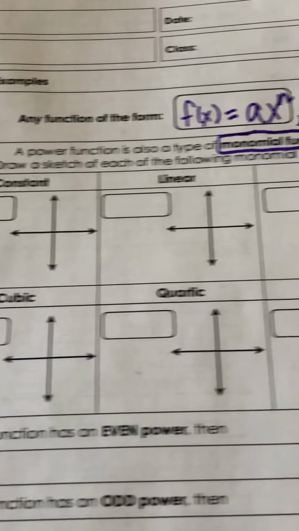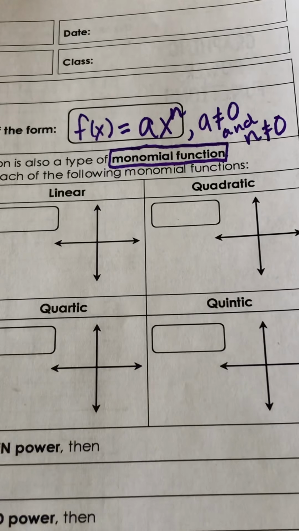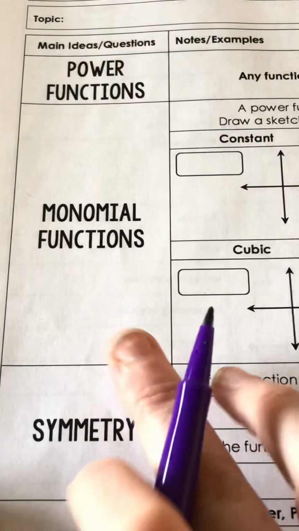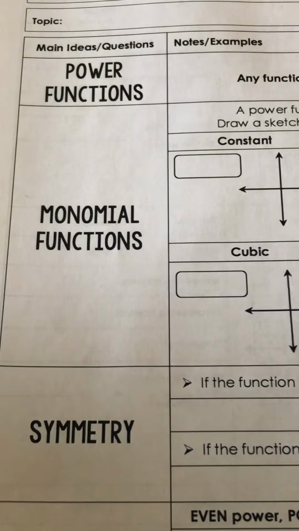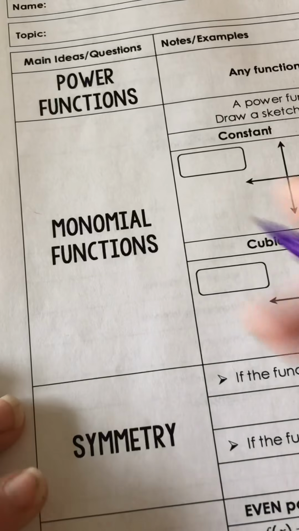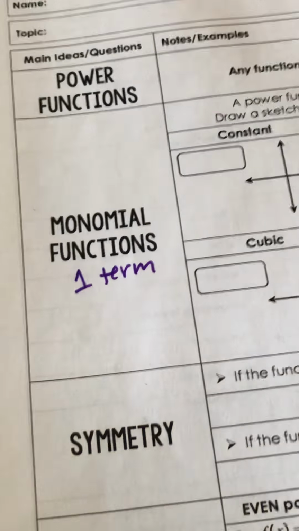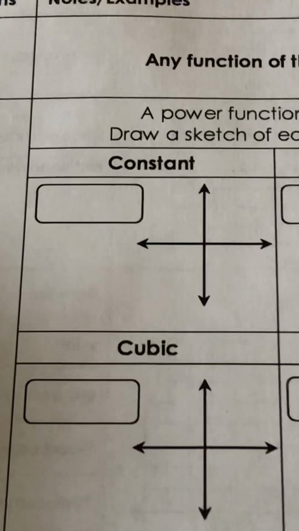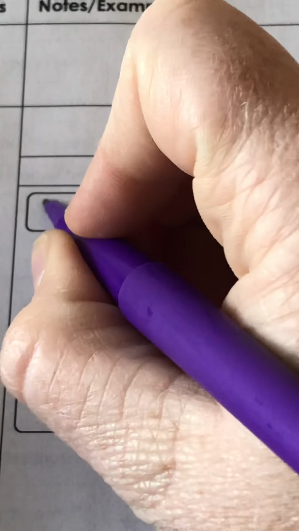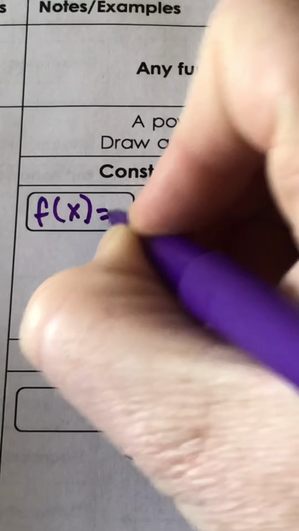Okay? Draw a sketch of each of the following monomial functions. All right, and this is kind of like the same idea as a parent function. We're just drawing the sketch here. A monomial is one term. So we're really not adding or subtracting anything to it. Okay? So a constant happens when your function equals c.